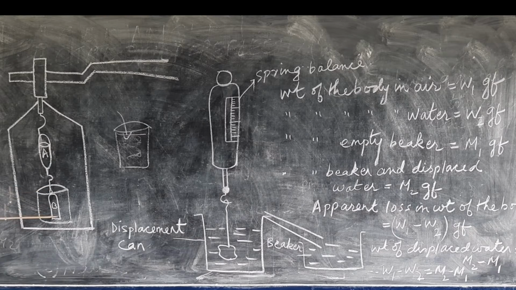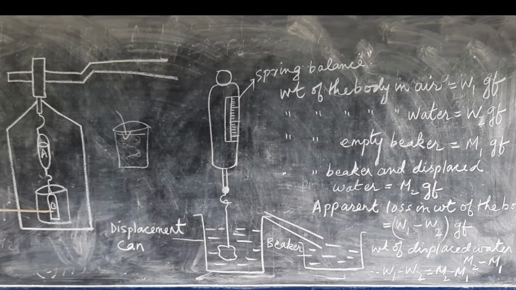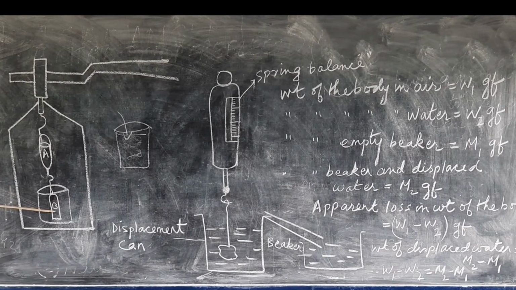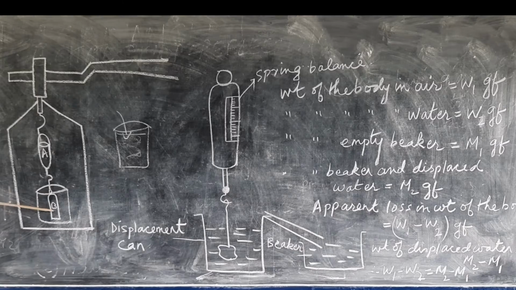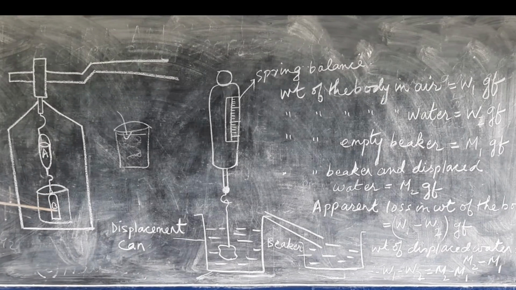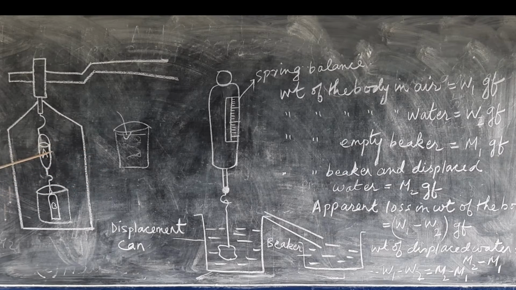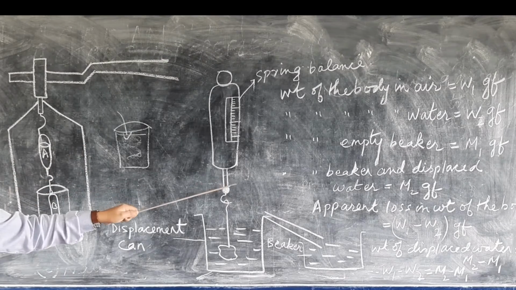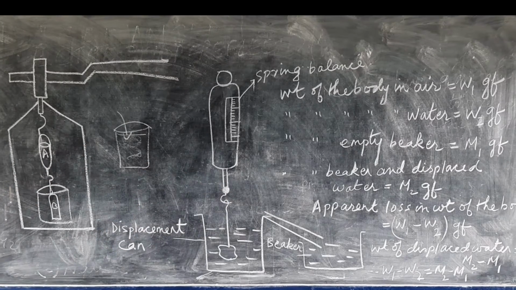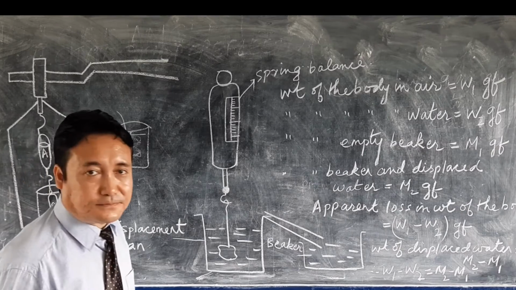Now this place will be occupied by the solid cylinder, which will displace the water, and whatever water is displaced is equal to the weight of the hollow cylinder. So we say that the weight of the body is equal to the weight of the liquid displaced, which verifies the Archimedes principle.